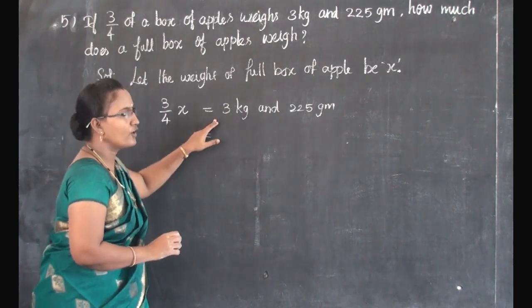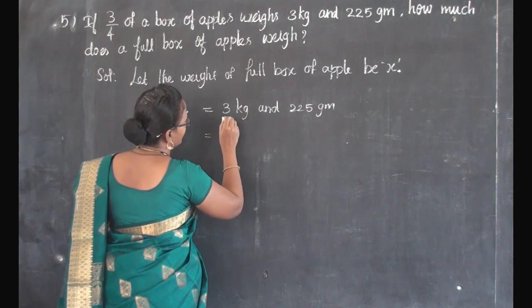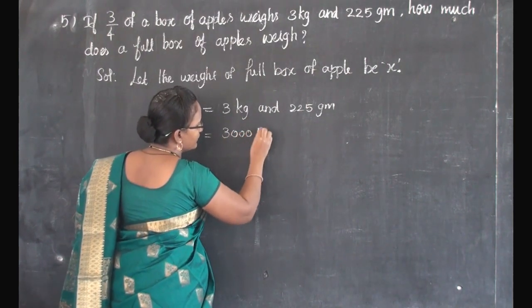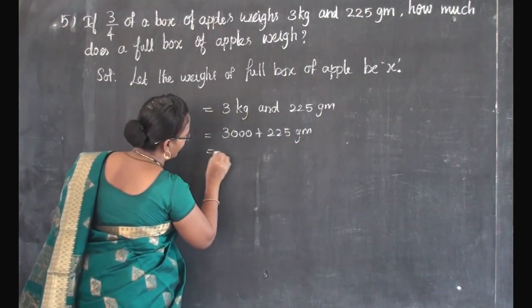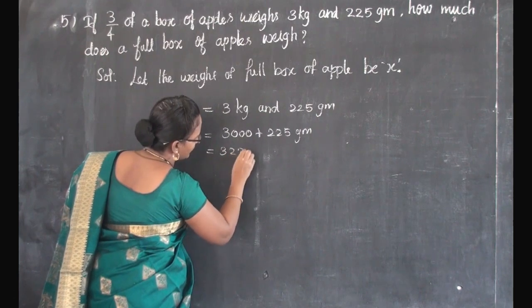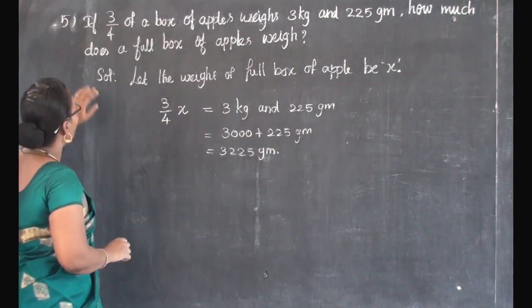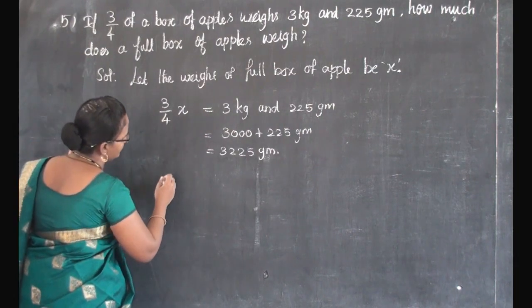For 1 kg, how many grams are there? That is 1000 grams. So 3 kilograms means 3000 grams plus 225 grams. We get 3225 grams. Now, what's the question? How much does a full box of apples weigh?